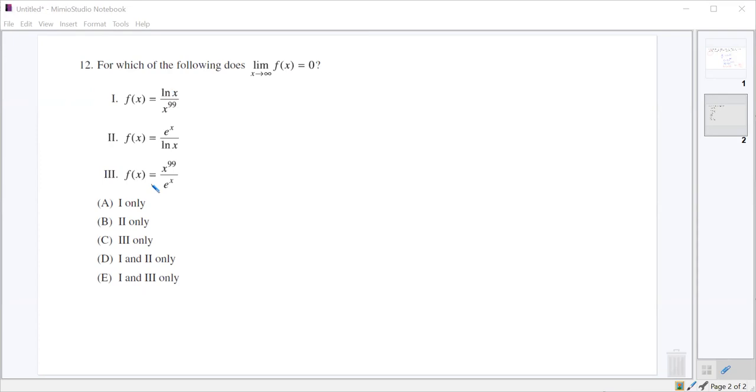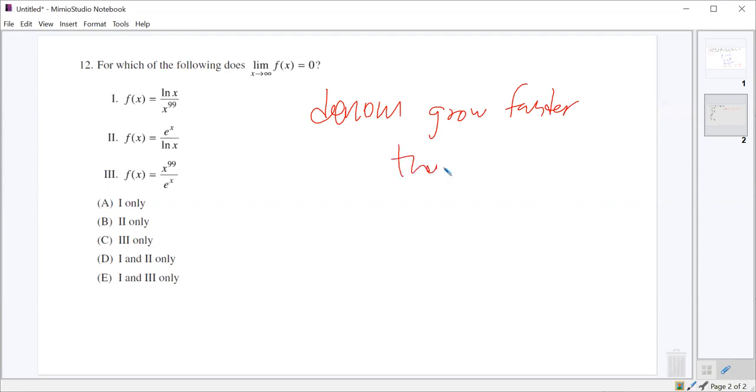They're all fractions. So if the limit as we approach infinity equals 0, it means that the denominator has to grow faster than the numerator, right? That's what gives us 0 as we go towards infinity, if the denominator gets large much more quickly than the numerator does.